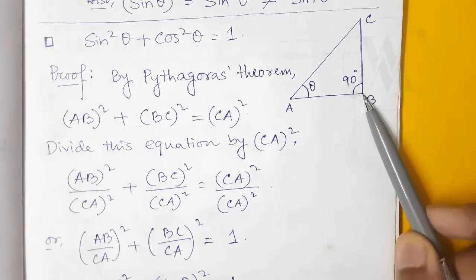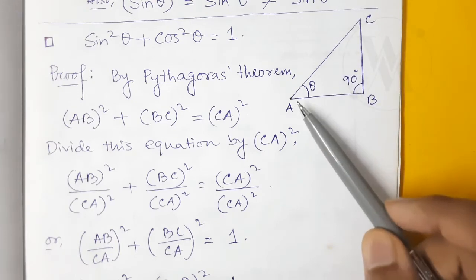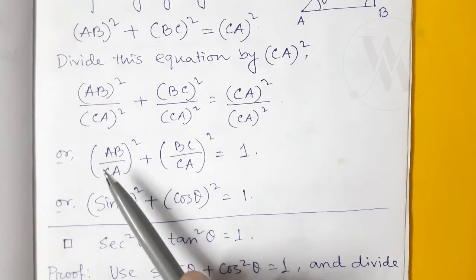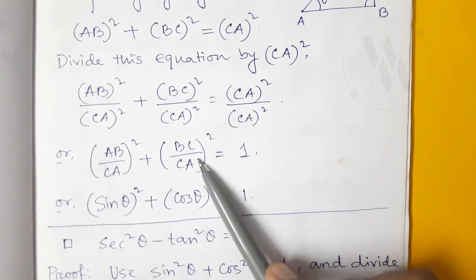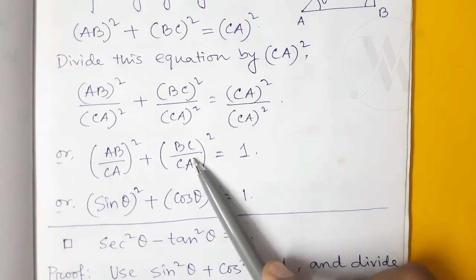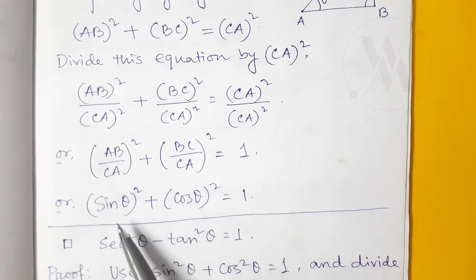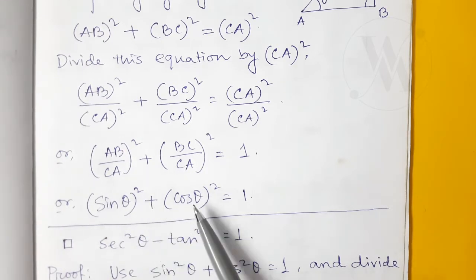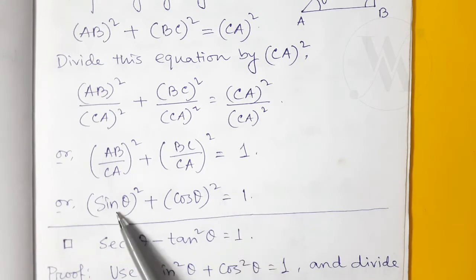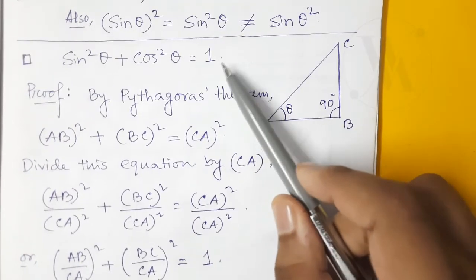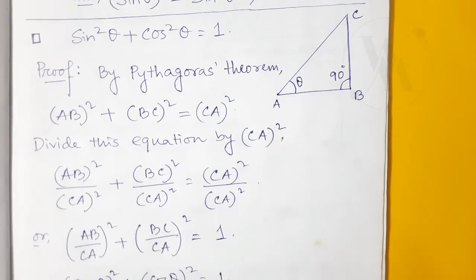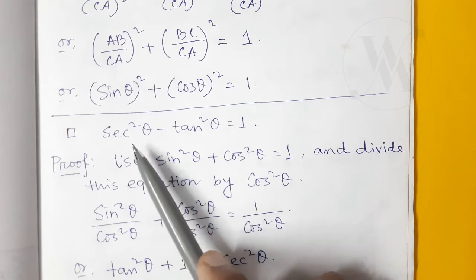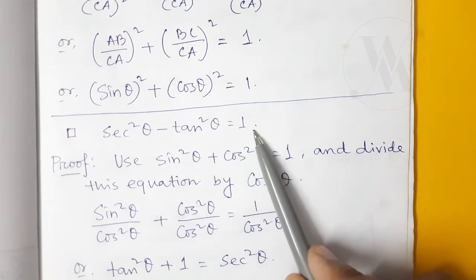Similarly, BC is perpendicular and CA or AC, whatever, that is hypotenuse. So this quantity is nothing but cos square theta, and this is nothing but sin square theta. We are just writing it in reverse order. So sin theta whole square and cos theta whole square, that is nothing but sin square theta plus cos square theta equals 1. So we just proved this result. This is actually very simple. Now using this result we will prove sec square theta minus tan square theta equals 1.